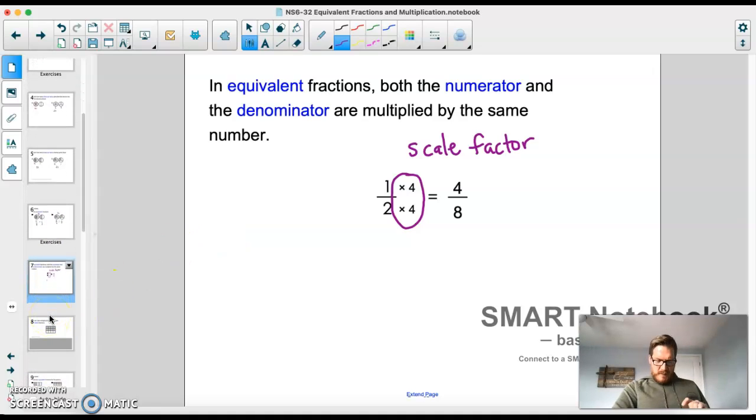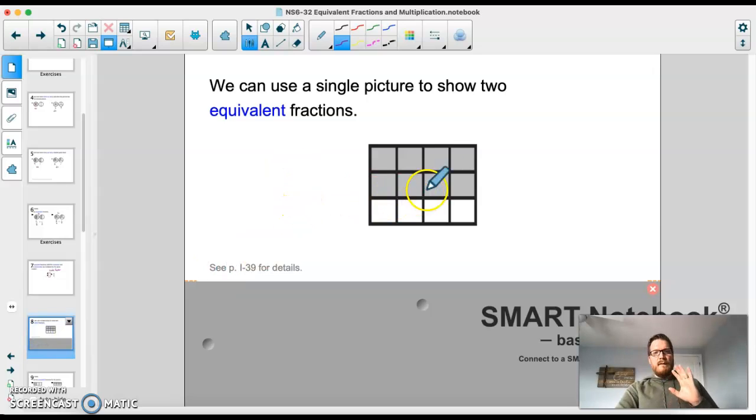Okay, so now I'm going to show you how we can use a single picture to represent two equivalent fractions. We have this picture here, and you can use the same picture to show both fractions. You can look at the big parts or all the small parts. What I mean by the big parts is if you look at this picture, there are three rows, which would be our denominator, and then two of those rows are shaded in.